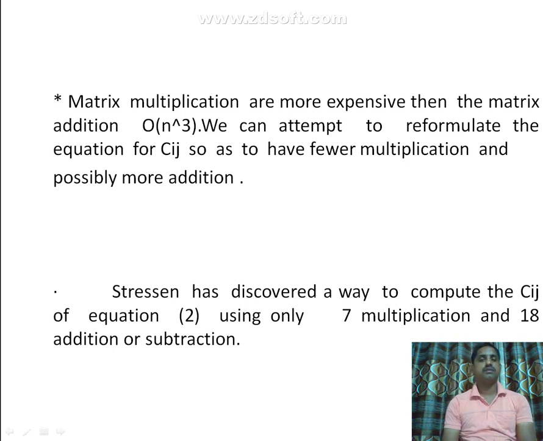In Strassen's method, to compute Cij we use only 7 multiplications and 18 additions or subtractions.